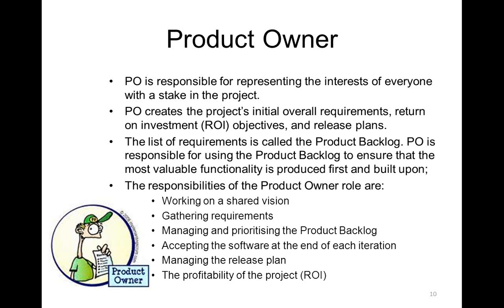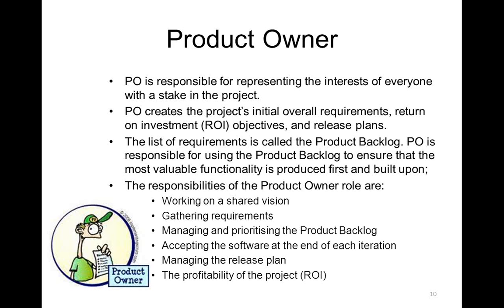In this case, being a representative of the customer, the product owner comes out with the project's initial overall requirements, and keeping in mind the return on investment or the objectives of the project, he also makes a release plan. We will talk about that a little further down. So the product owner plays the role of giving the requirements to the team, telling what all is required to be done, and in what sequence he needs it.